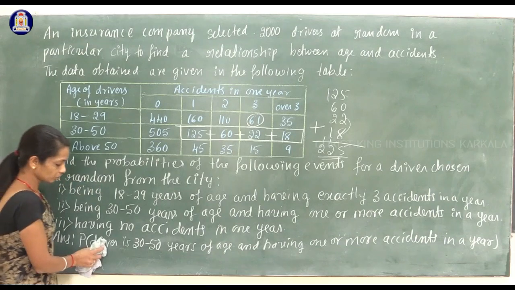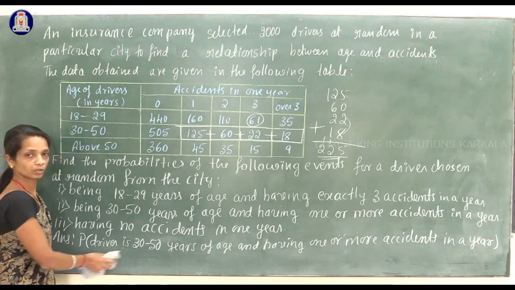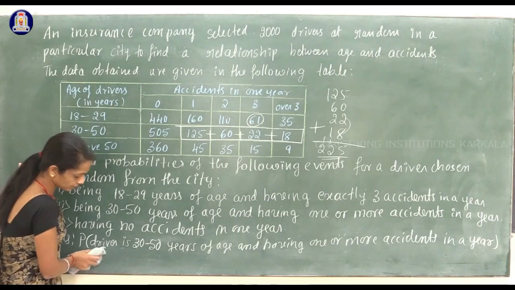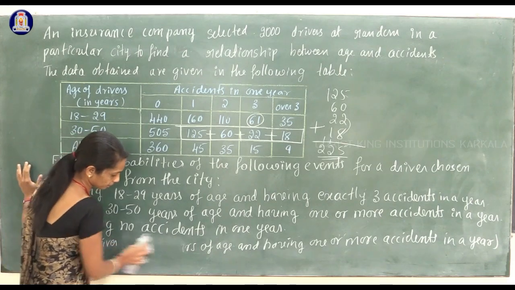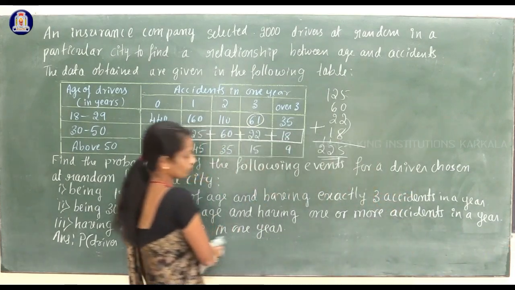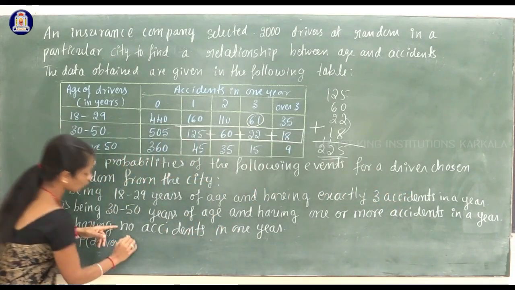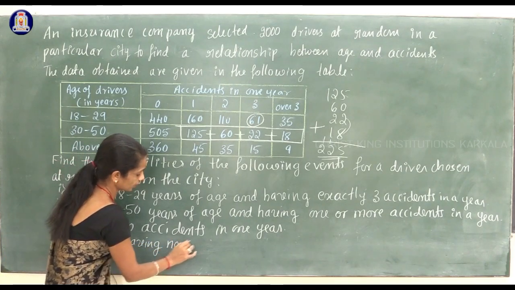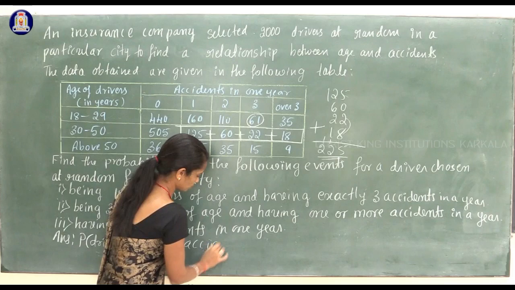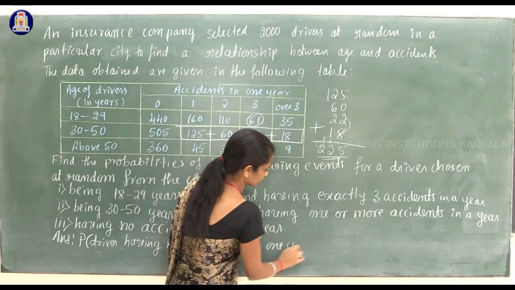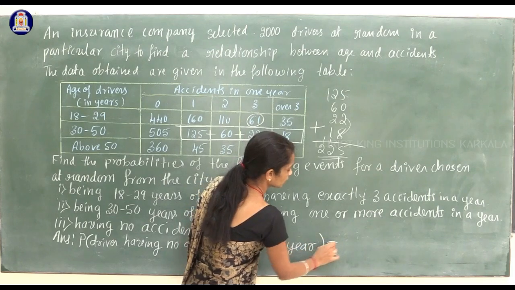That you write in the numerator, divided by the total number of drivers. So for the third one, we write the probability of a driver having no accidents in 1 year. For that you have to see the table.